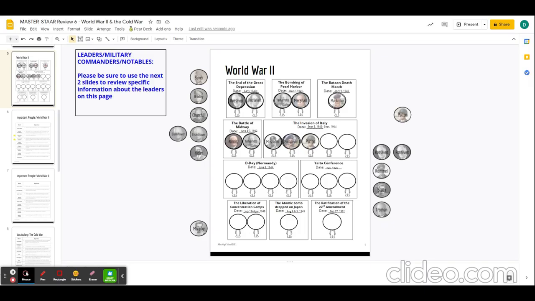There are two significant heroes that come out of the invasion of Italy. We need to talk about Vernon Baker, who is a highly decorated African-American soldier in the war. He won the Purple Heart, the Bronze Star, and the Distinguished Service Cross. And then lastly is Audie Murphy.